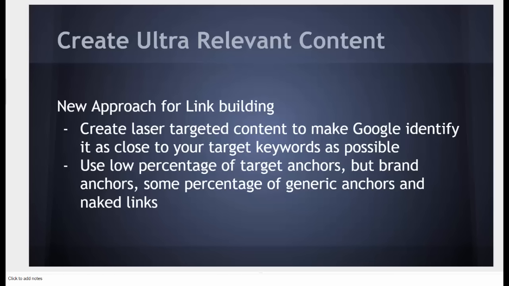And if you succeed at this, it matters much less what kind of anchors you use. You can use a low percentage of targeted anchors, but use branded anchors and some percentage of generic and naked links, and still have a very high percentage of incoming links identified as extremely relevant.